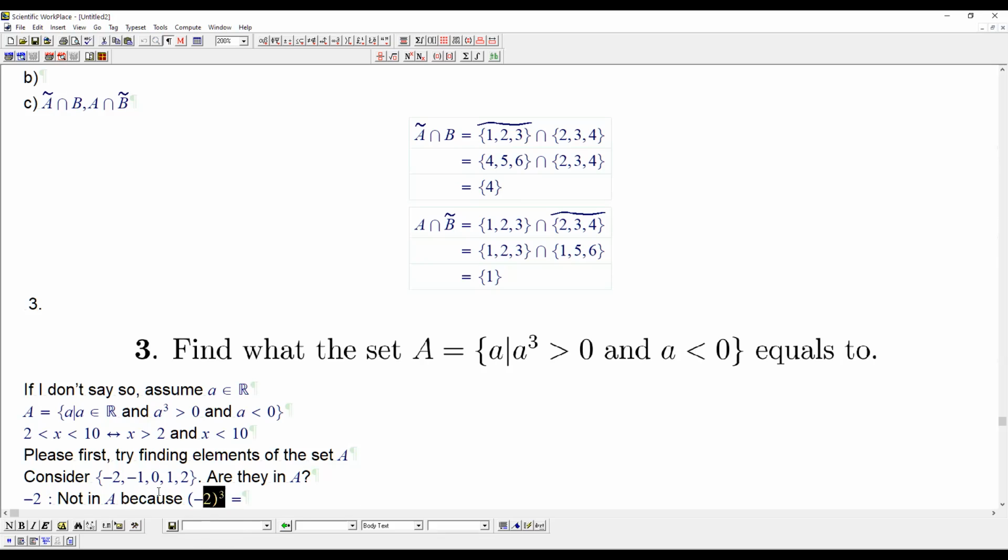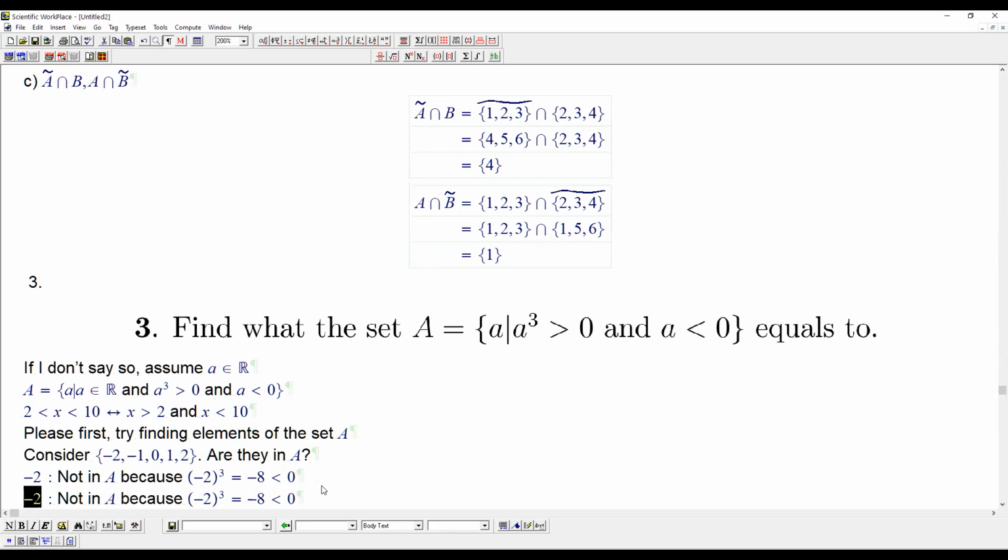So -2 cube equals -8, which is of course not greater than 0. So it doesn't work. I could try 0, for instance. 0 is not in A because 0 cube equals 0, which is not greater than 0.